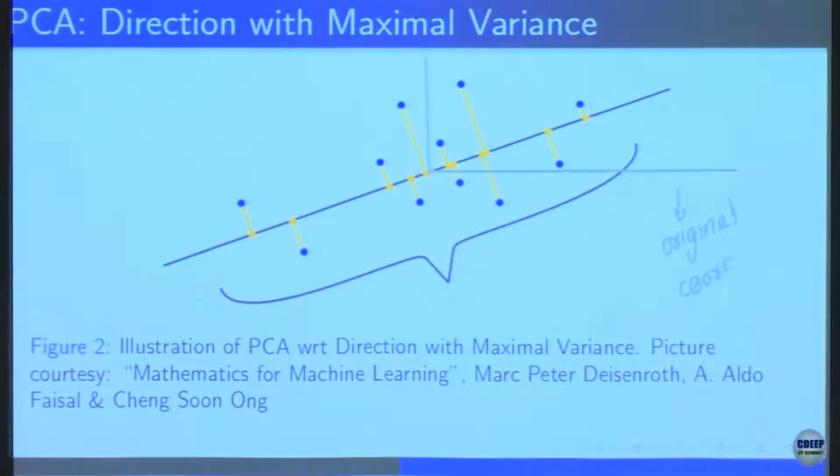These are the original coordinates, and now we are saying we will rotate it. The rotated coordinates will look like this, such that this new rotated coordinate, you can call it U1, is the direction of max variance.